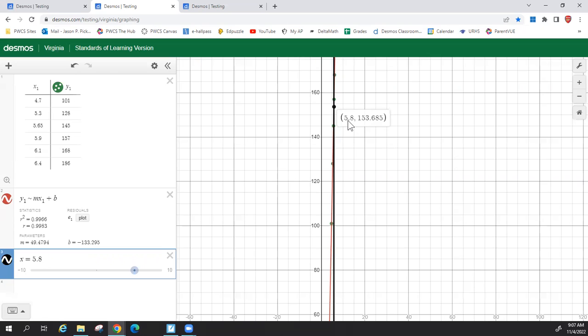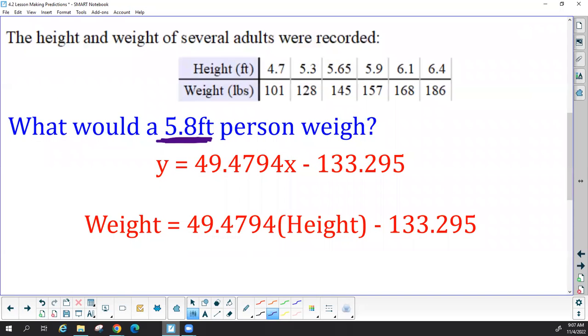5.8 is our X value. That's the height we're interested in. This 153.685 is a prediction for the weight, and that's in pounds. We should put our units.